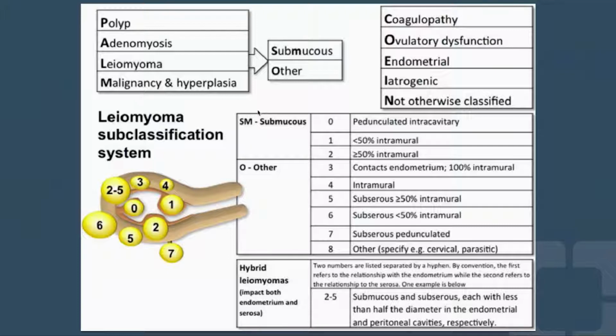Once you leave 2, it's outside of the cavity completely, and we look at sort of deeper into the myometrium, and these are ones that are extending all the way into the abdominal cavity, including the pedunculated, which looks like a polyp hanging off the bottom of the uterus, and a parasitic fibroid, which is completely removed from the uterus, growing external to the uterine structure altogether.